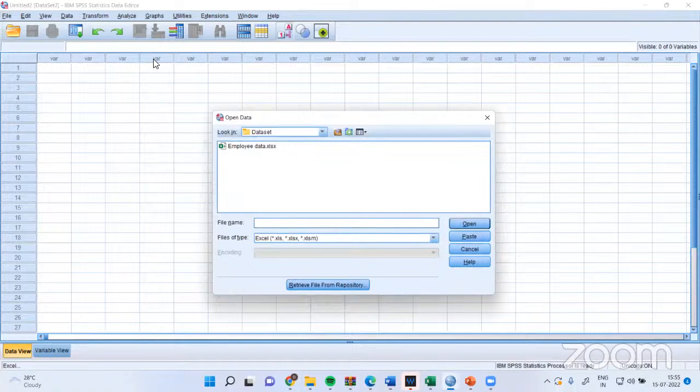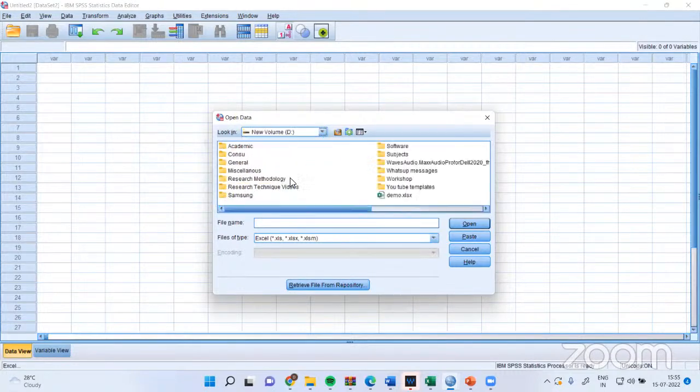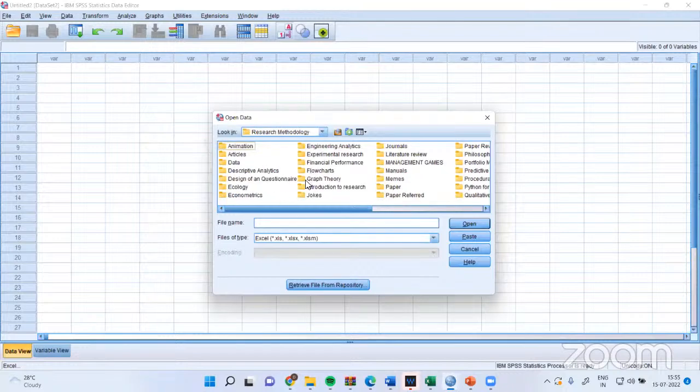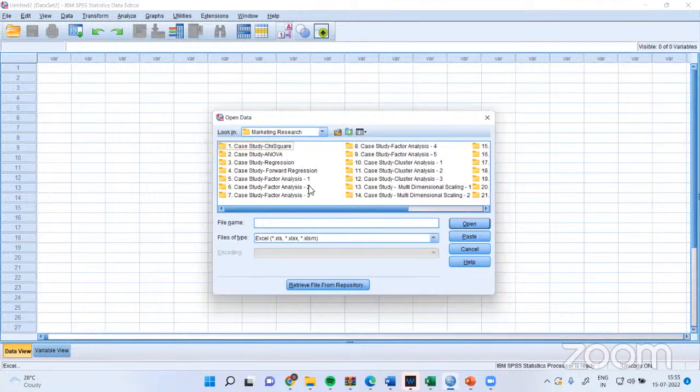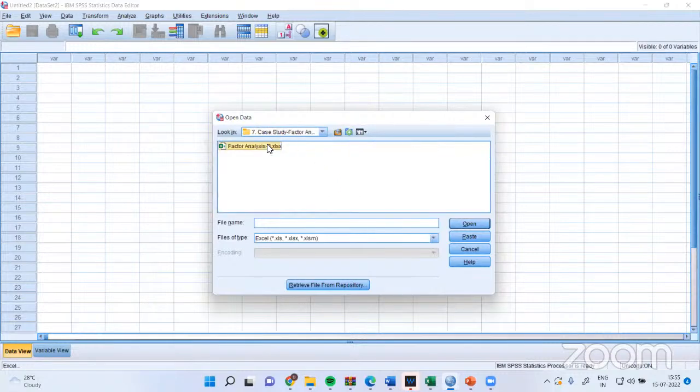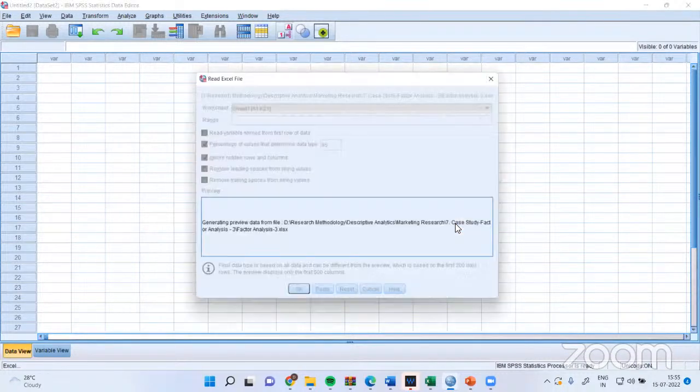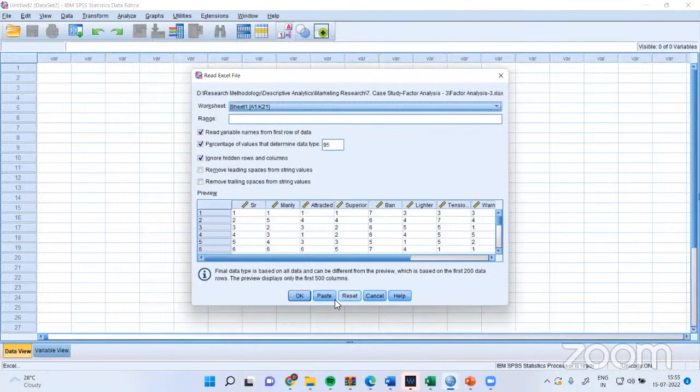Then look in wherever the data is. All of you, import the data. Okay, factor analysis. Right.